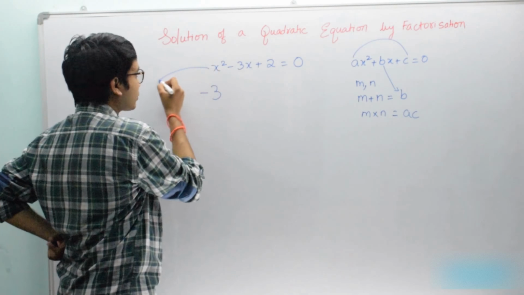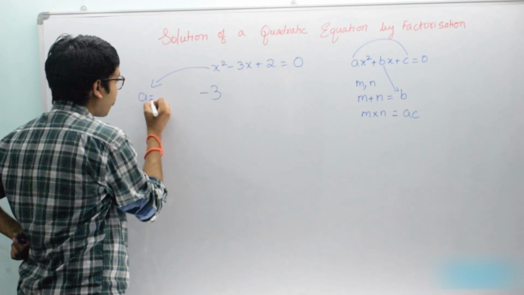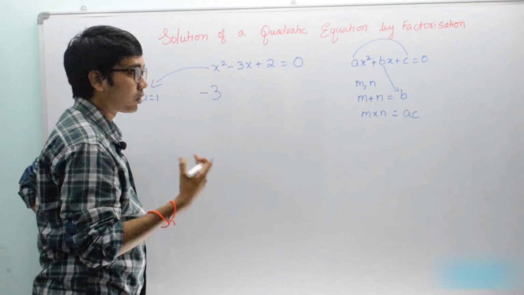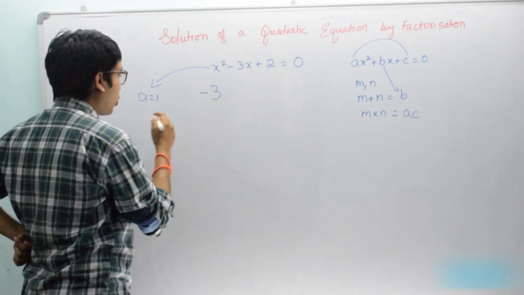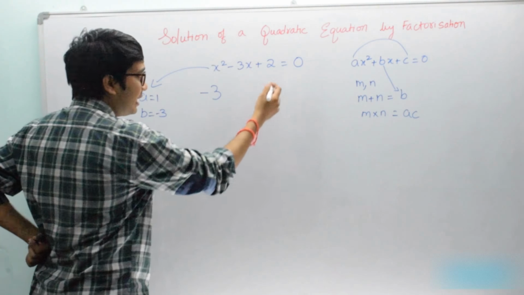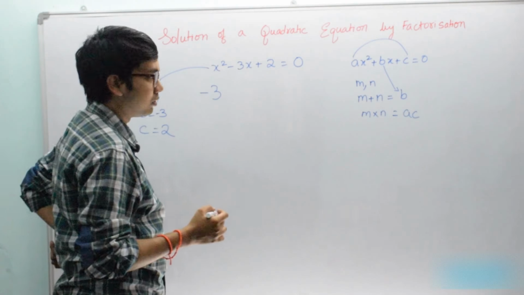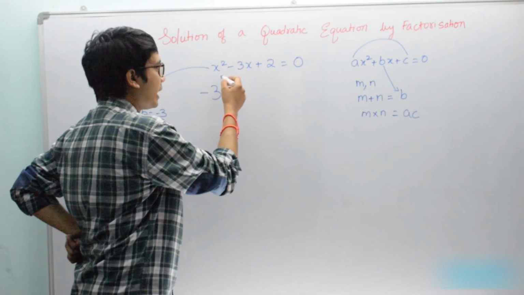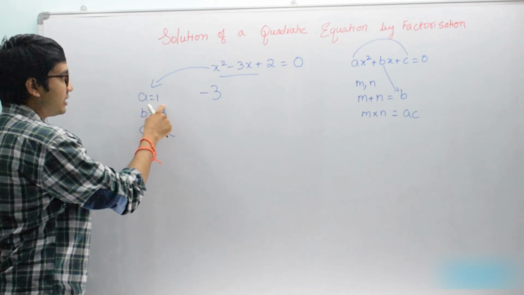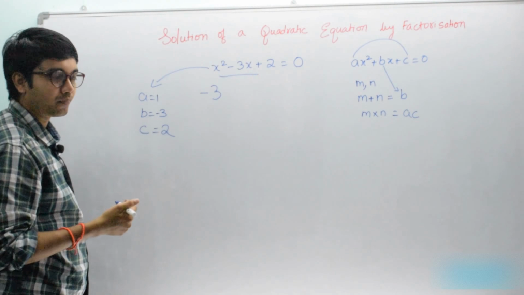Here in this quadratic equation, what is a? The coefficient of x square. This is 1 because the coefficient of x square is 1. And what is b? The coefficient of x is b. So b is equal to minus 3. And what is c? c is 2 here. So I am comparing this quadratic equation to the general form and writing the values: a is 1 here, b is minus 3 here, c is 2 here.